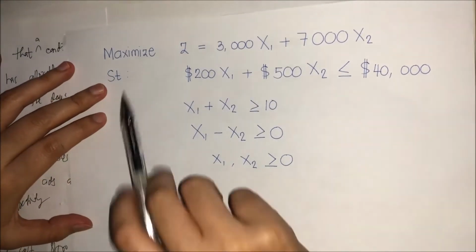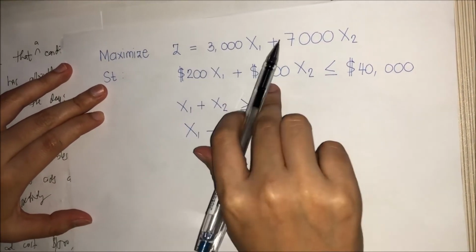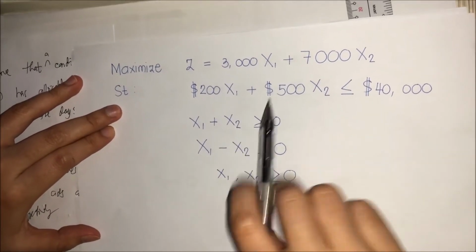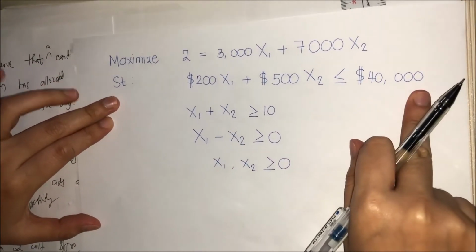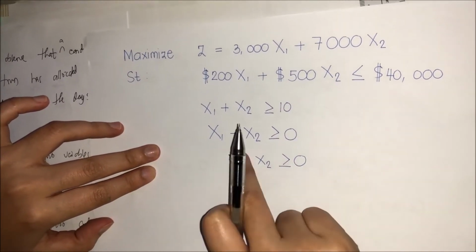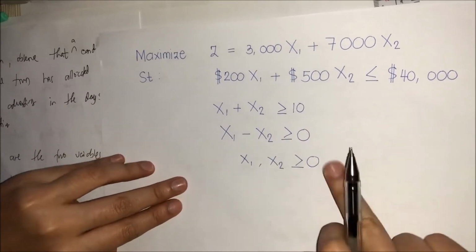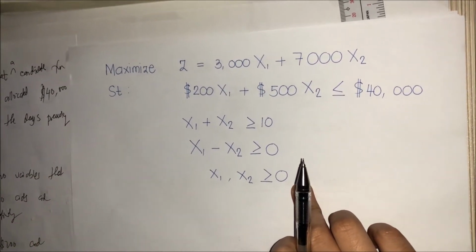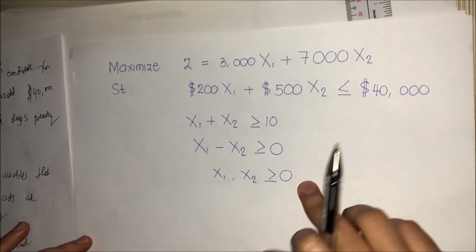So we came up with an LP model. Maximize Z equals 3000x1 plus 7000x2, subject to $200 x1 plus $500 x2 less than or equal to $40,000, x1 plus x2 greater than or equal to 10, and x1 minus x2 greater than or equal to 0. We let x1 and x2 be the two variables that represent the number of radio ads and television ads respectively.